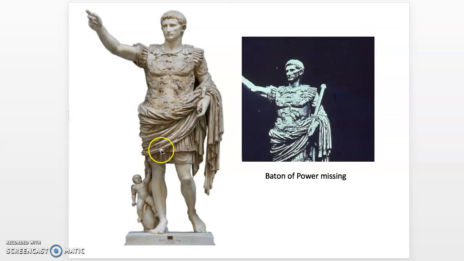But you can see from the straight leg and the bent leg that it's using that Greek style of contrapposto. And it's pretty much anatomically accurate as a picture of a person, albeit very much idealized, what we've talked about with other statues and sculptures from the Greek era.